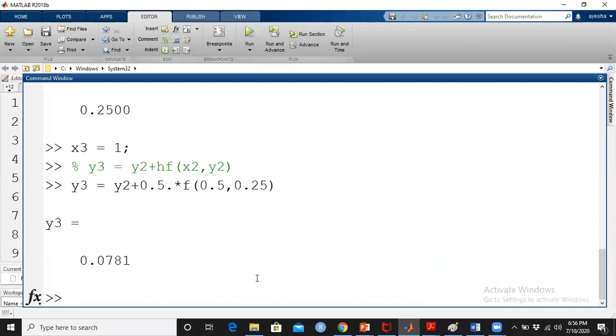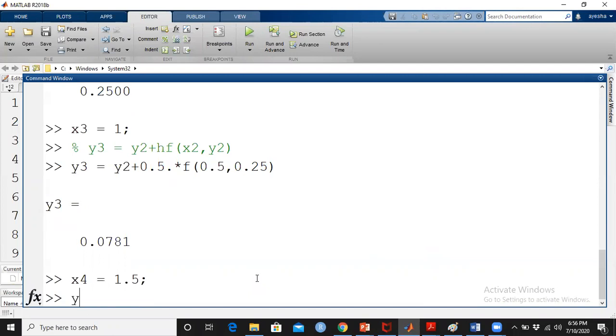So now students, what is x4? x4 is 1.5 and y4 is actually, let us correct it from here. y4 is actually y3 plus, the step size should remain the same here in this question, 0.5 times f of x3, y3.